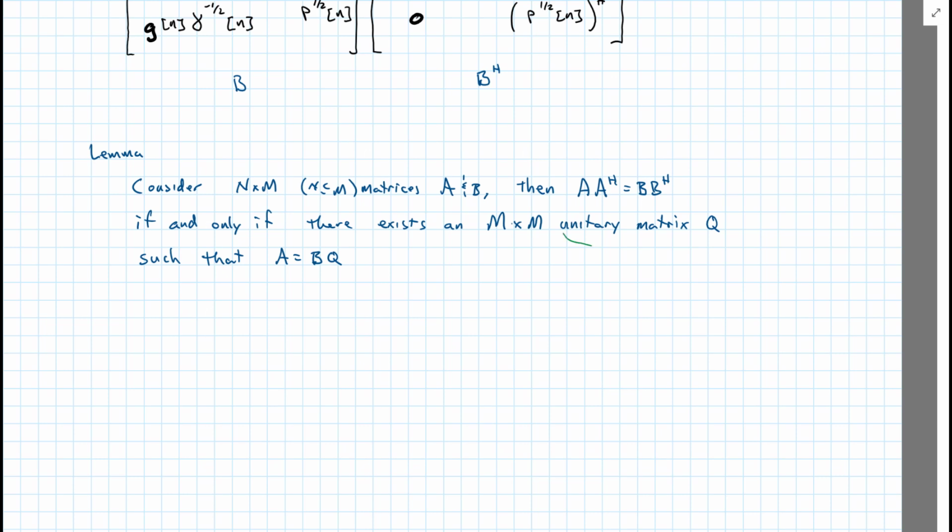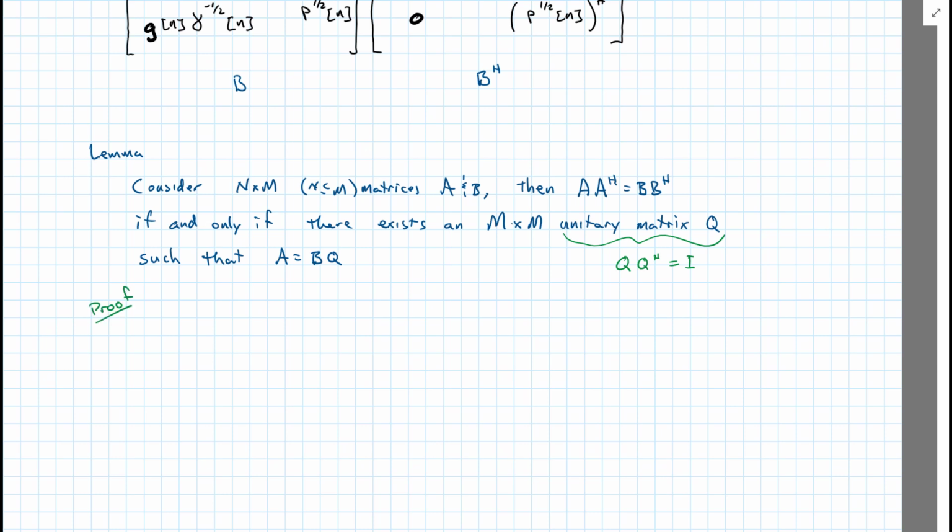And just as a reminder, unitary means that Q Q Hermitian is equal to the identity matrix.